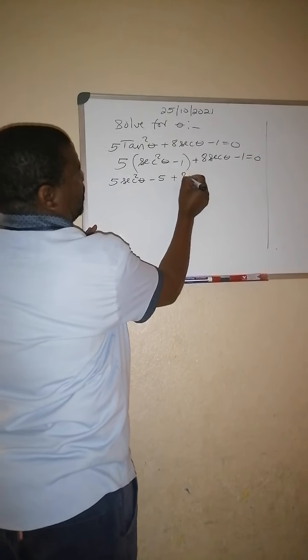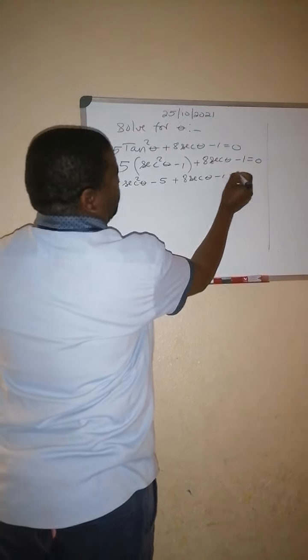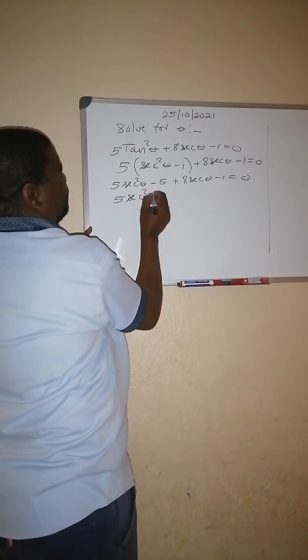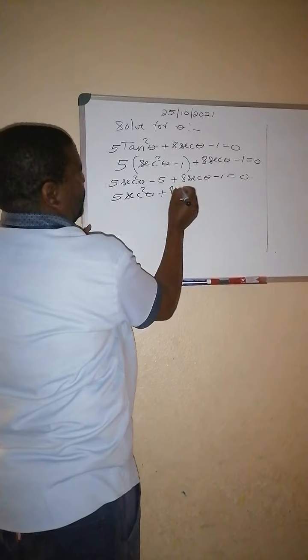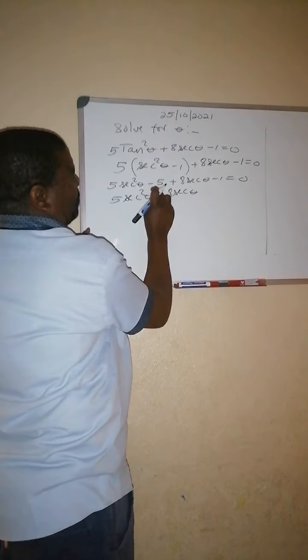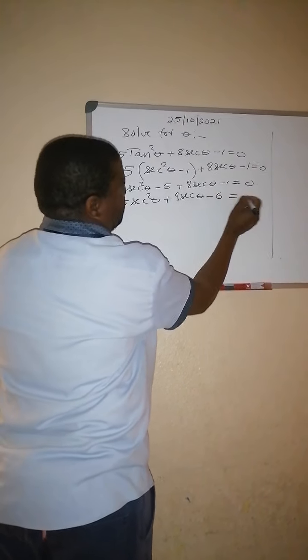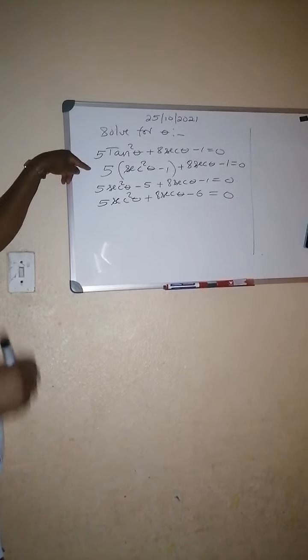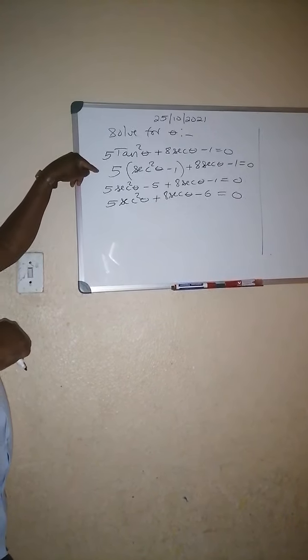And then I can take out the 5, so minus 5 and minus 1 is minus 6 equals 0. Because if you don't establish the same ratio, there's no way you would solve this.